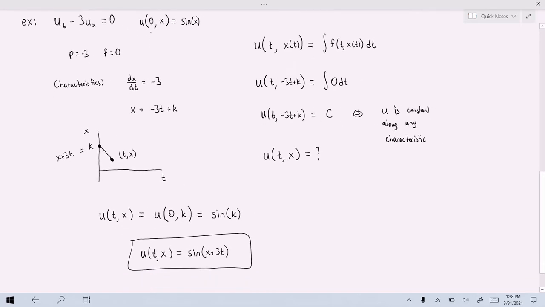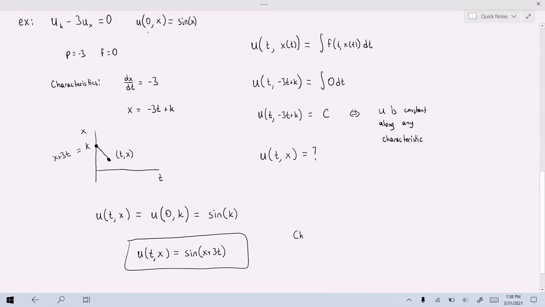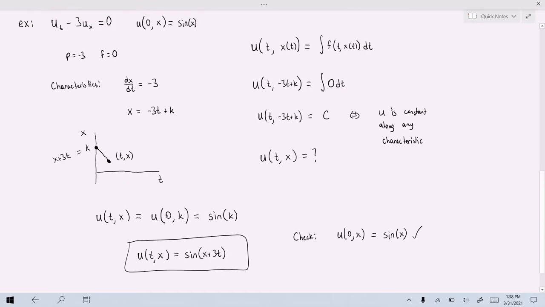So for this example, let's go ahead and check that. So if we plug in 0 for t, then we do get u of 0, x is sine of x. So our initial condition is satisfied. Okay, so that checks out. If we compute the partial derivatives, the partial of u with respect to t would be 3 cosine of x plus 3t.